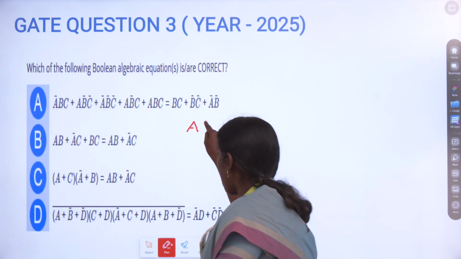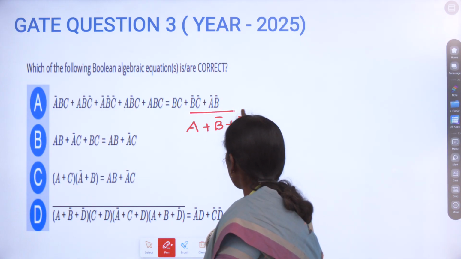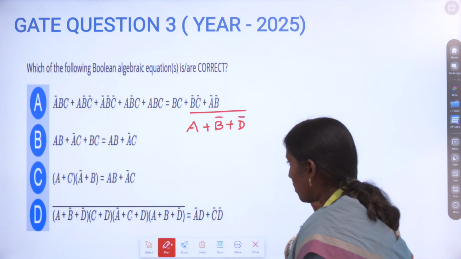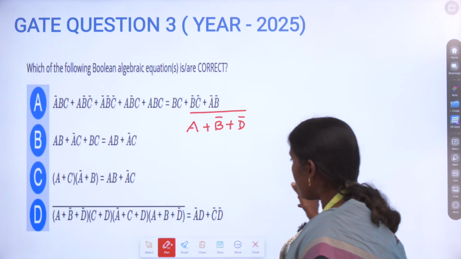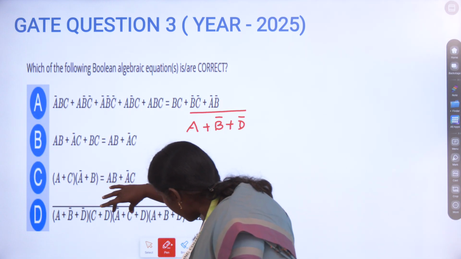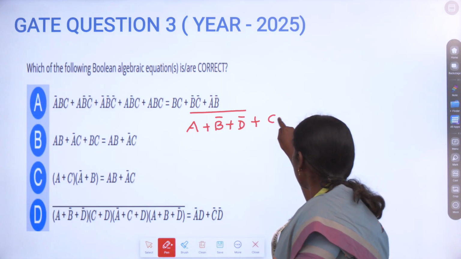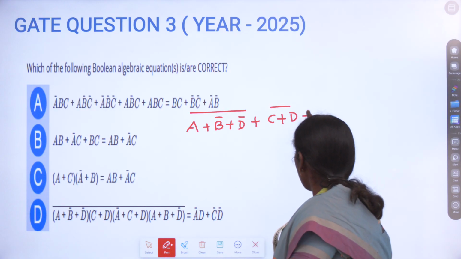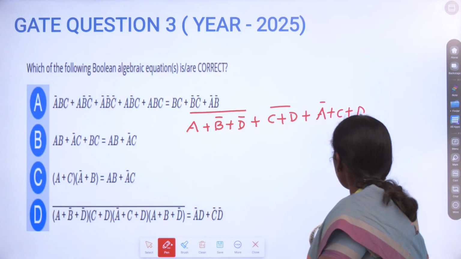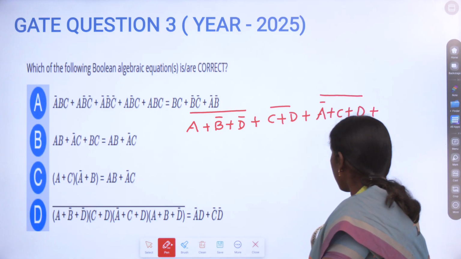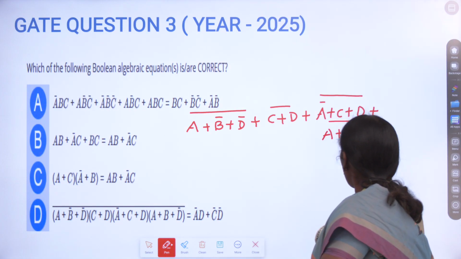So let me expand A plus B dash plus D bar the whole bar, because I told you that A dot B dot C dot D whole bar is equal to A bar plus B bar plus C bar plus D bar. This is your A term, this is your B term, this is your C term, and this is your D term. Plus, let me take the second term, C plus D the whole bar, plus the third term, A bar plus C plus D the whole bar, plus the last term, A plus B plus D bar the whole bar.